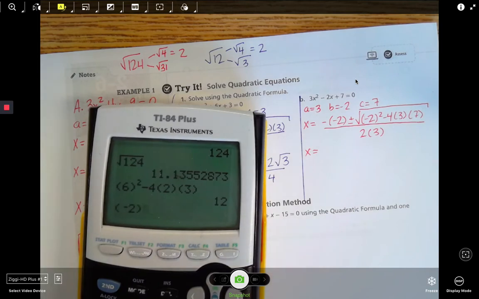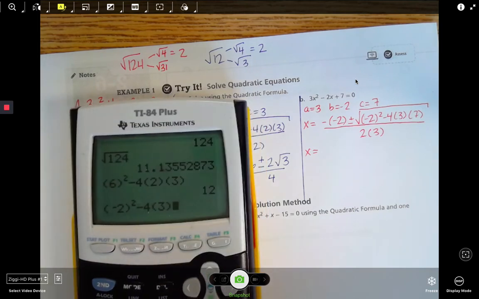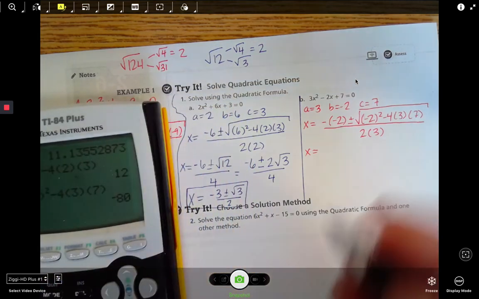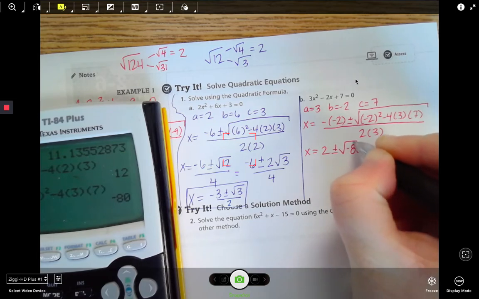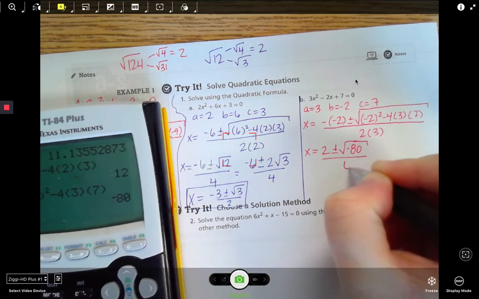Negative 2 squared minus 4 times 3 times 7 is negative 80. So 2 plus or minus the square root of negative 80 over 6.